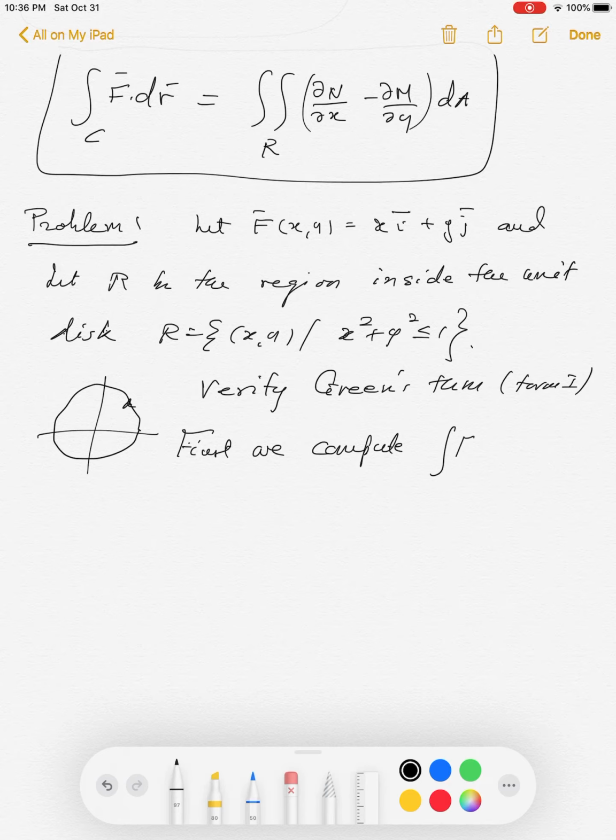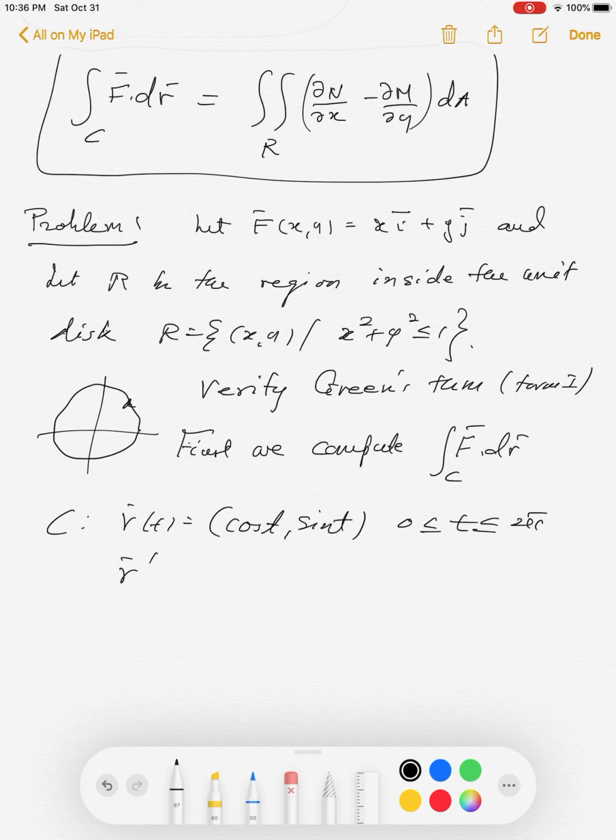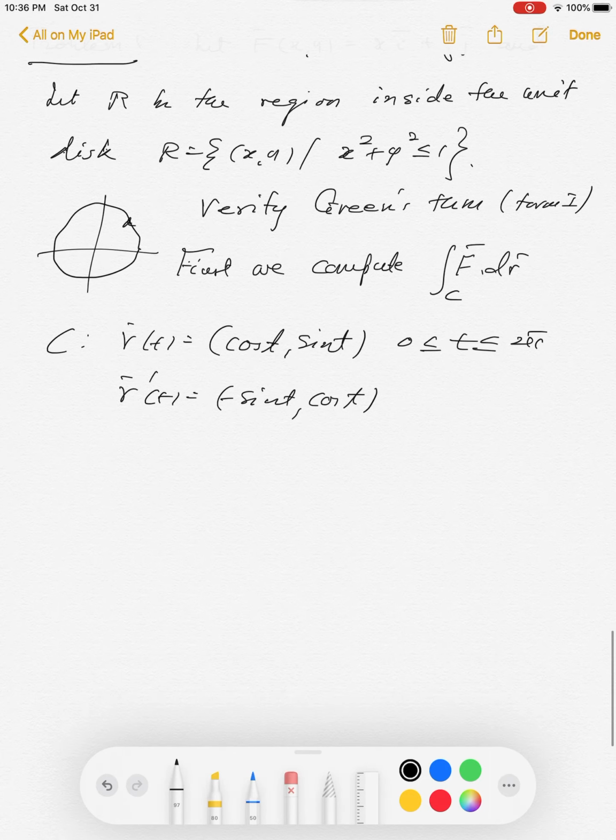So we compute the integral of f bar dot dr bar over C. So we'll need to parameterize C. So C is r bar of t given by cos t, sin t. This is a natural parameterization of a circle. t goes from 0 to 2 pi.